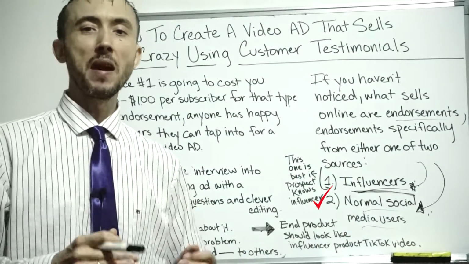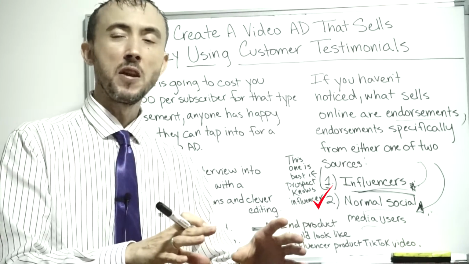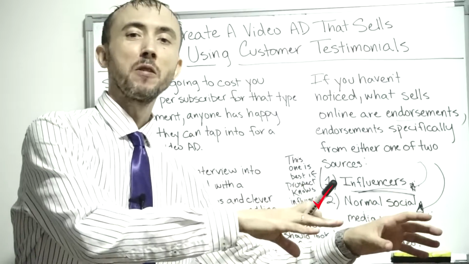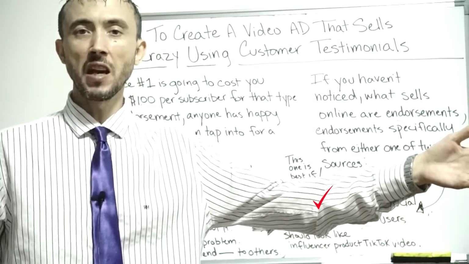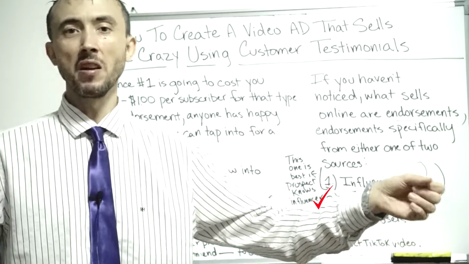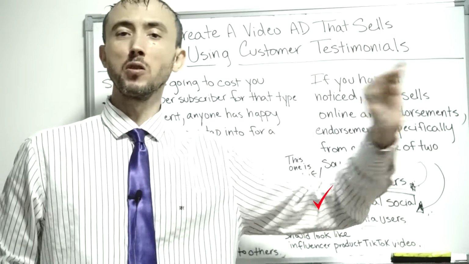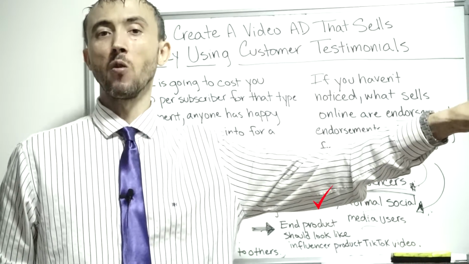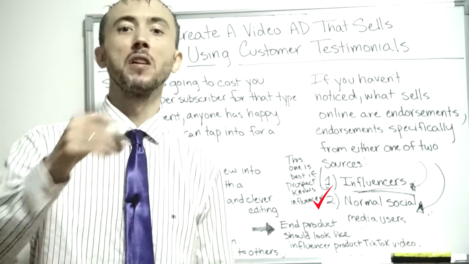And you could do that by taking the customer review, putting it into a video format that looks like it came from them, and then advertising that review using a secondary social media account. So it legitimately is a way to advertise on a broad scale basis, but do so in a way that just looks like an everyday organic person talking about your product or service, so that people believe it.